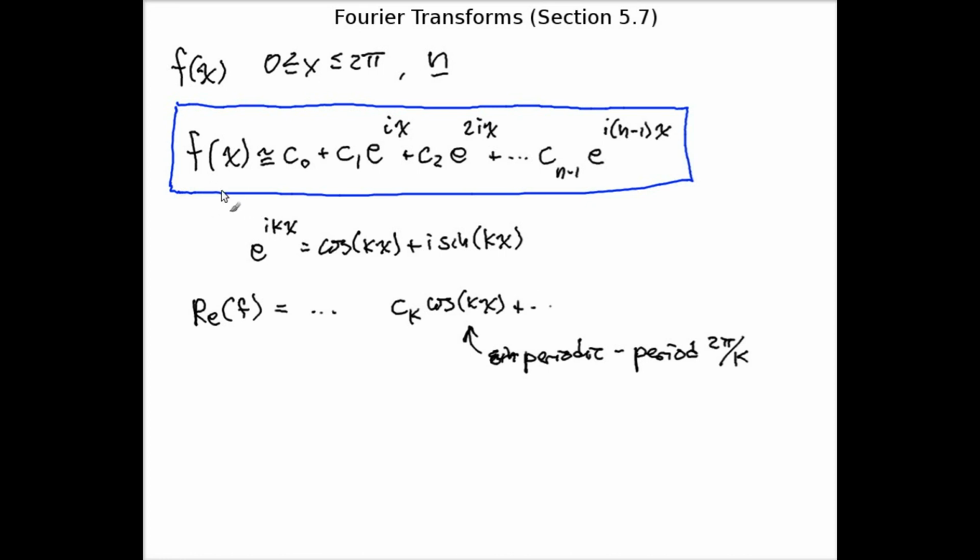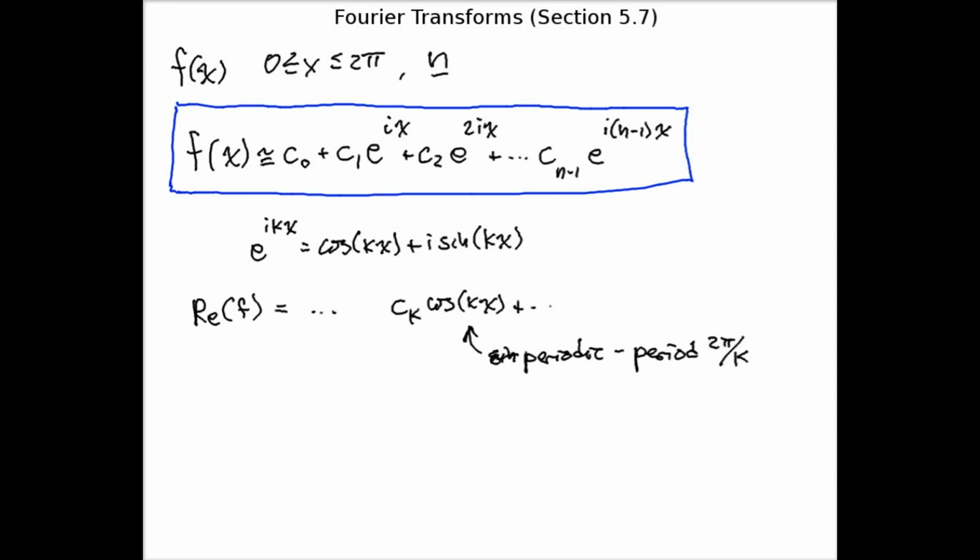And as I said, we're going to go back and forth between real and complex valued functions. It's quite a bit easier to think about this complex function, and you're trying to write it as a finite linear combination of exponentials. And complex exponentials are mathematically much easier to work with than sines and cosines.